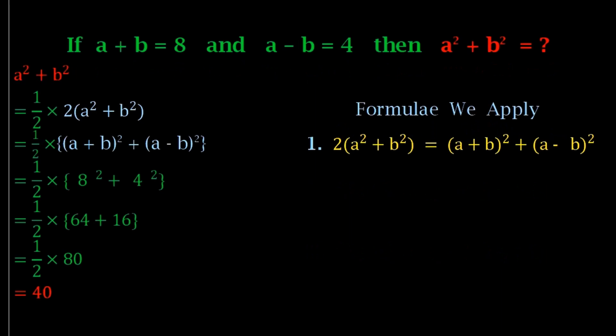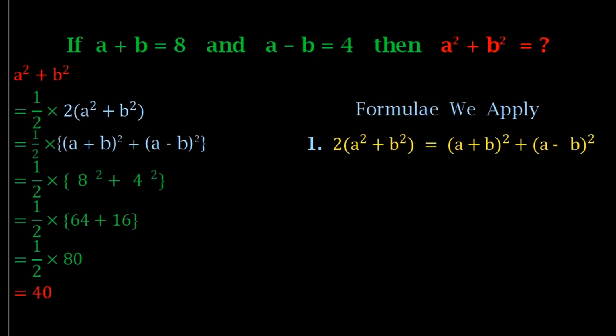Apart from the previous two formulae or corollaries, this time we're going to introduce something new for the same problem. Look, here the problem is to find a square plus b square with the same given values. Here all we do is introduce a half. As we introduce a half, we introduce a 2 as well, and the remaining part is the same.